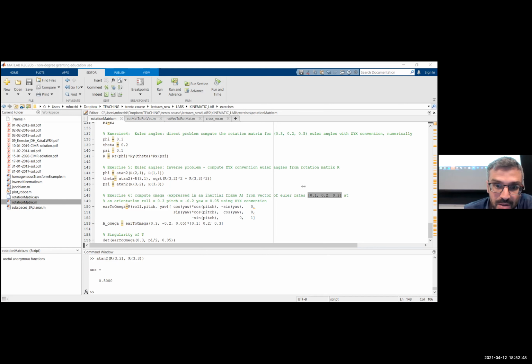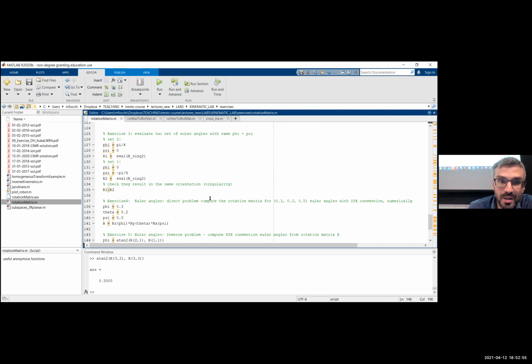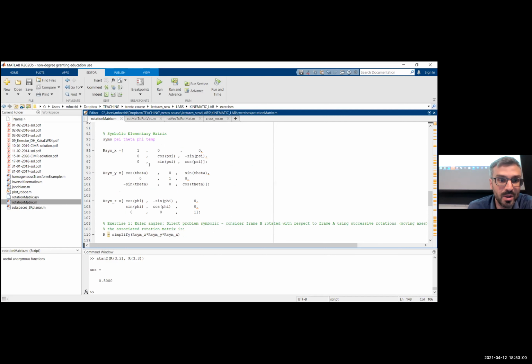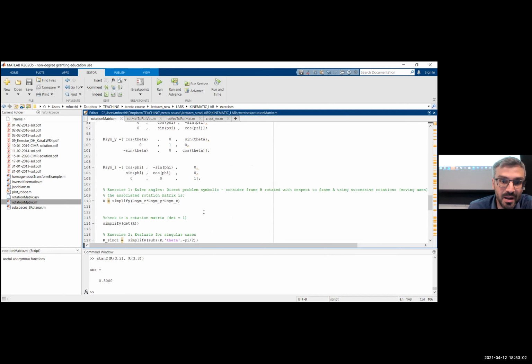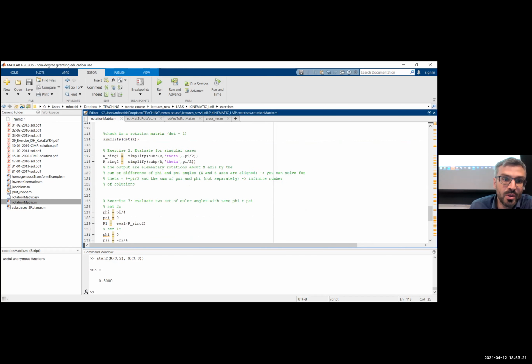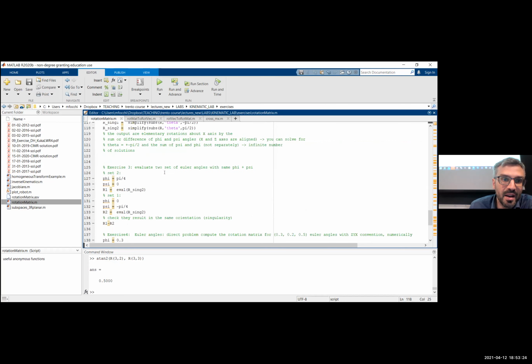So I was just showing the application of the formulas we presented in the lecture, demonstrating that we can compute a singular matrix for pitch values of minus 90 and plus 90 degrees, and that both give the same solution.